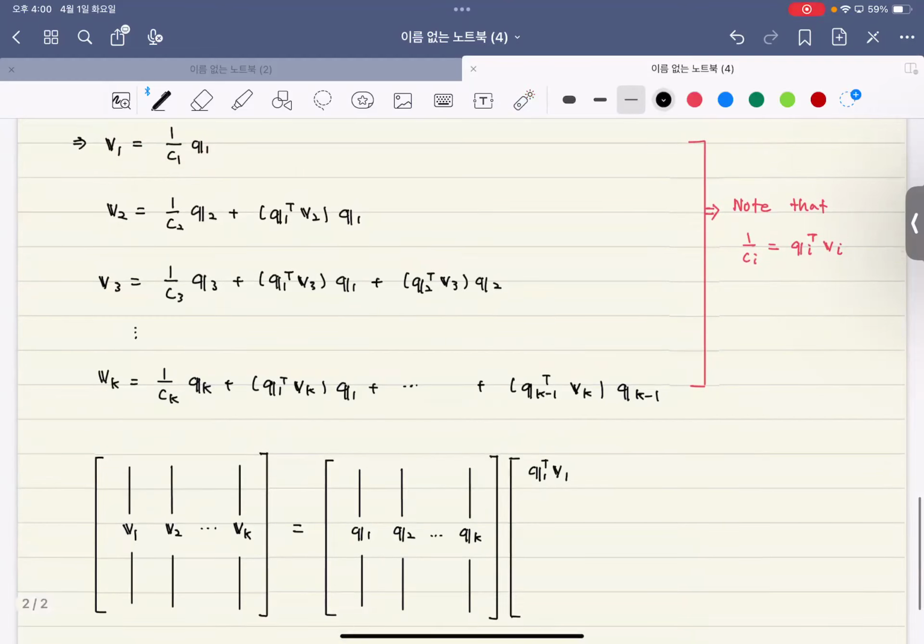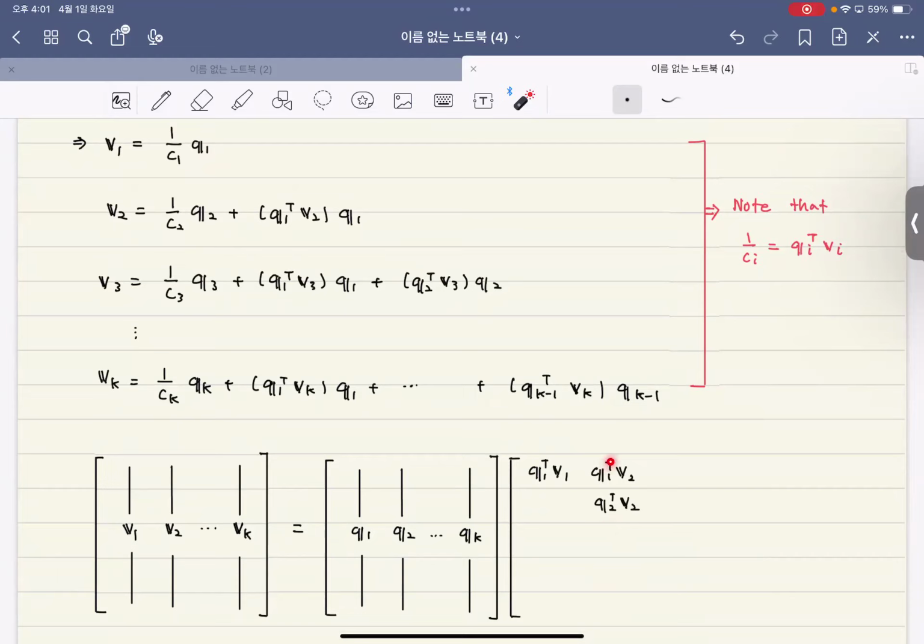Let me go to the second column. Q1 transpose V2, Q2 transpose V2, and all the rest of the numbers underneath equal 0.